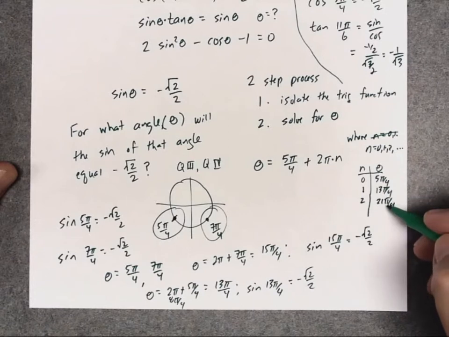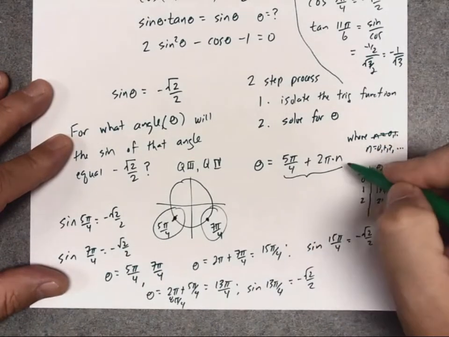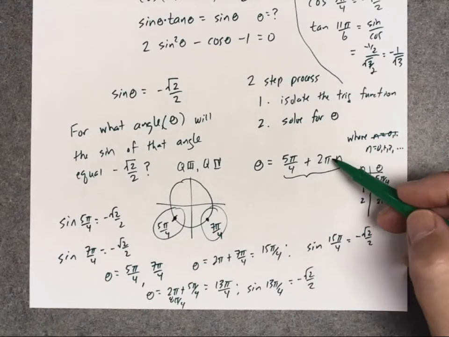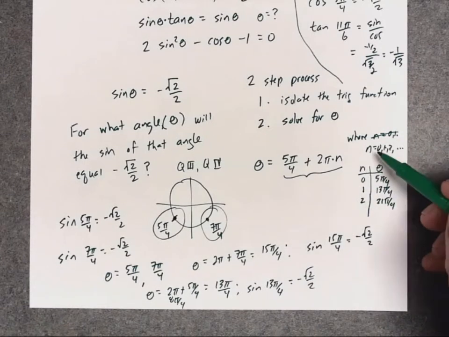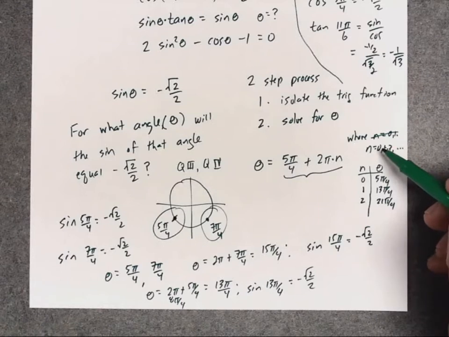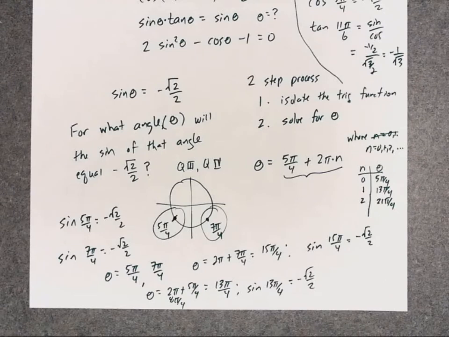These are all solutions. But the way we write it is like this to make it very compact. So whenever you see this 2 pi times n, even though we're not going to write this all the time, basically what this means is n can either equal 0, it can equal 1, it can equal 2, it can equal 3, it can equal 4. Matter of fact, this n would go on to infinity, and that's why there's an infinite number of solutions.